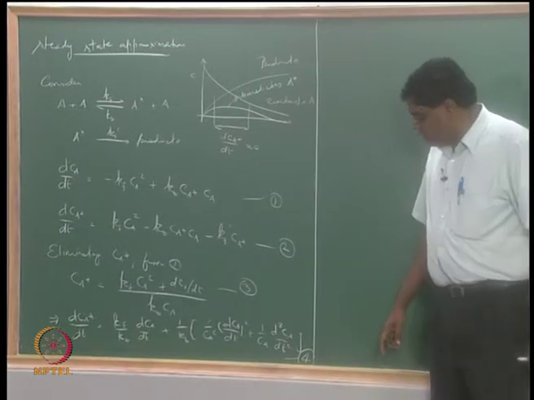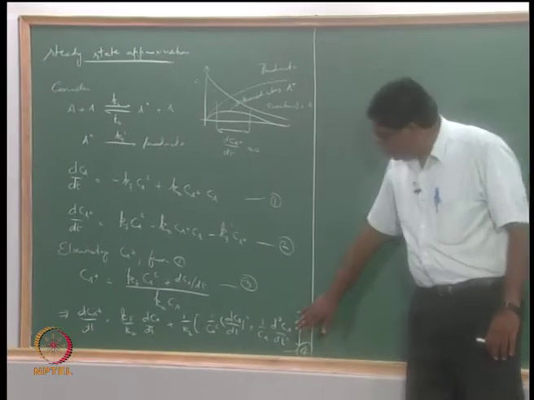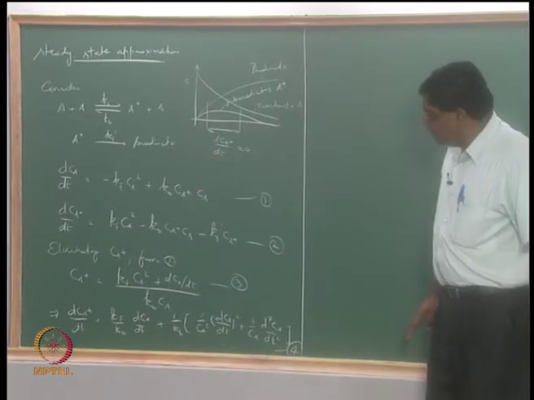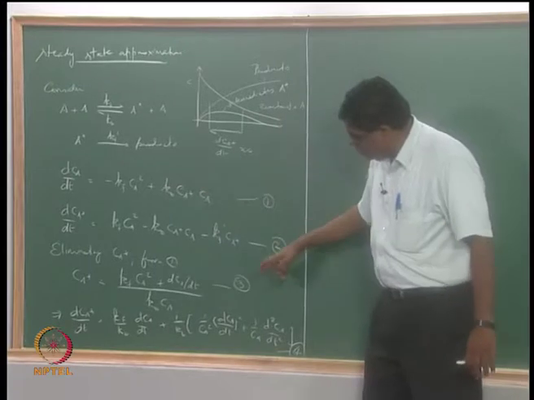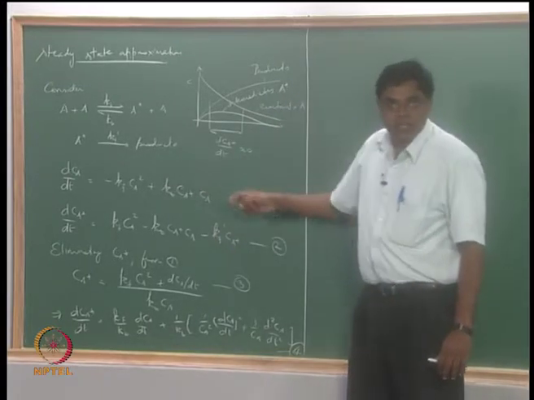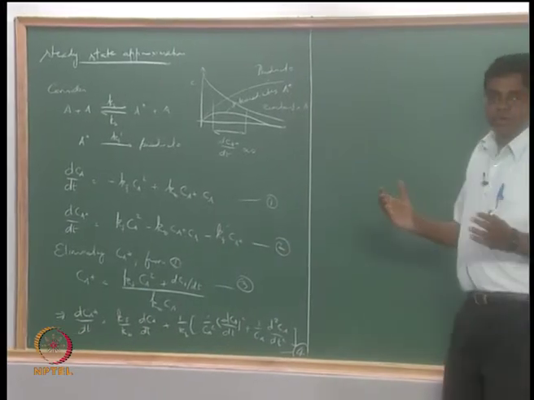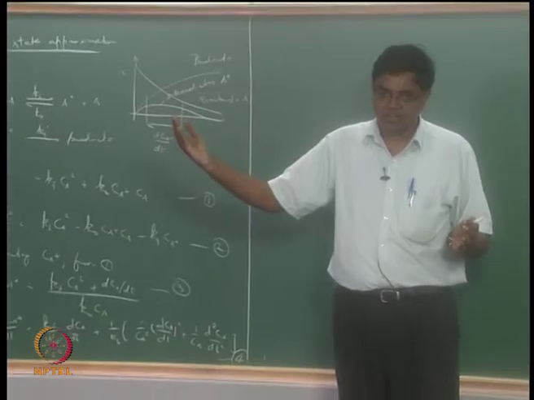So one possibility for us is to now plug back 3 and 4 into 1, okay, and so wherever you have a Ca star you can plug this over here, and then you get a very ugly looking equation in dCA over dt in terms of Ca, right.